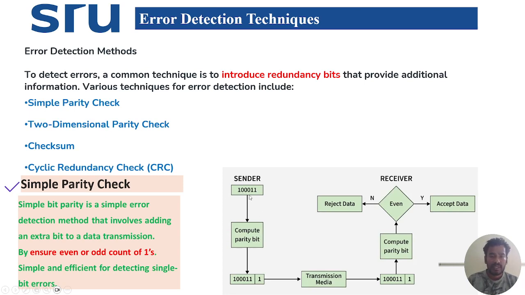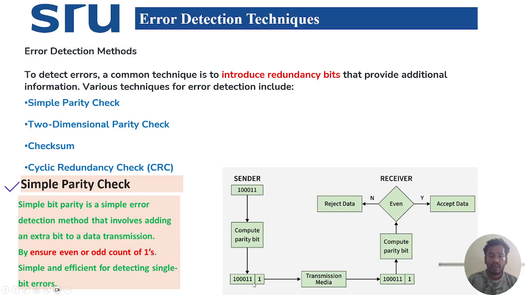Here is the initial stage of the data. We need to compute the parity bit. We take the data as it is, and at the end we add a one, because the count of ones is odd, so we add a one to make it even. Before transmitting the data we have to do it like this.